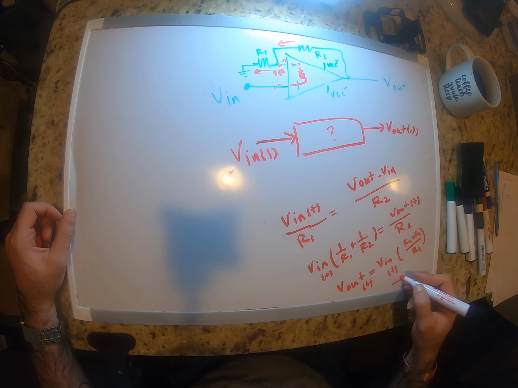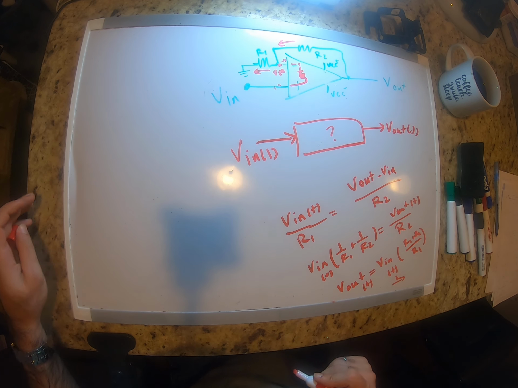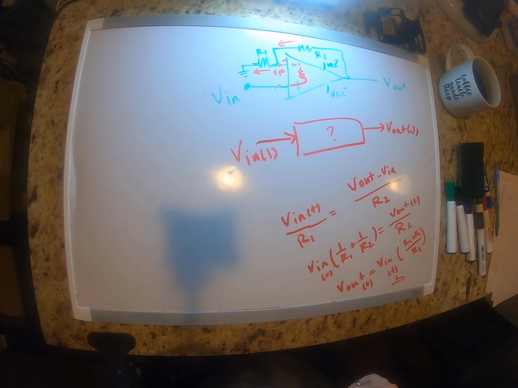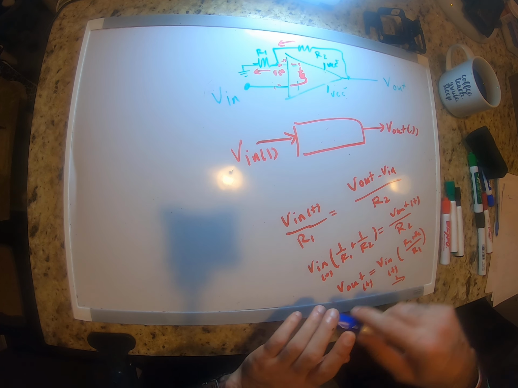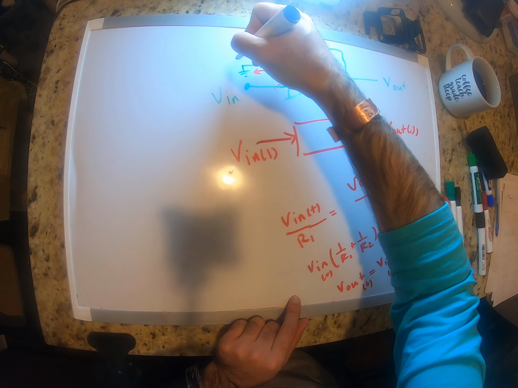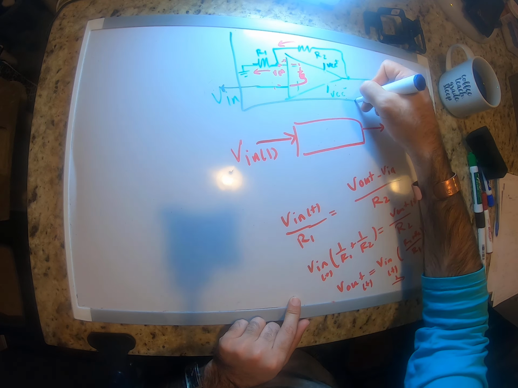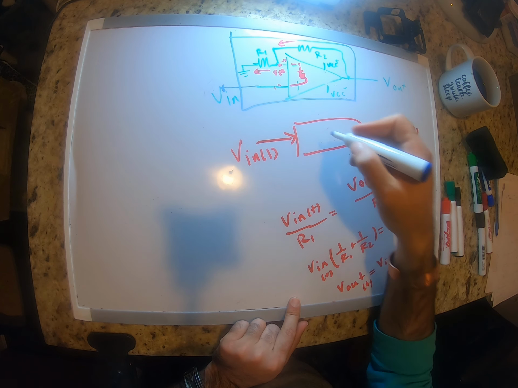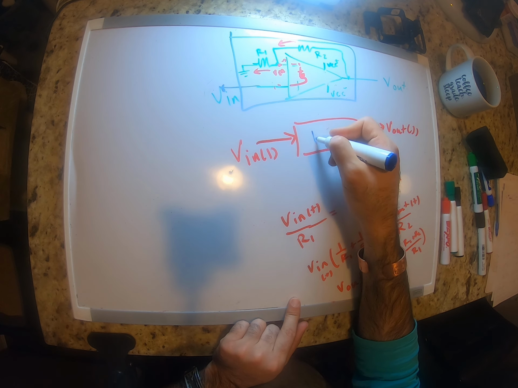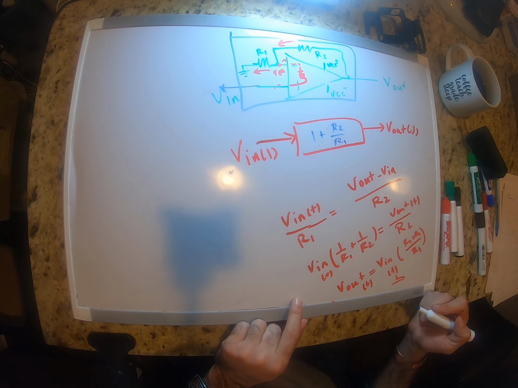If I take the Laplace transform of this, the only difference is that these become Vout(s) and Vin(s). So the transfer function of this system, if I look at it as a box, is just going to be, as you saw before, (R1 plus R2) divided by R1.